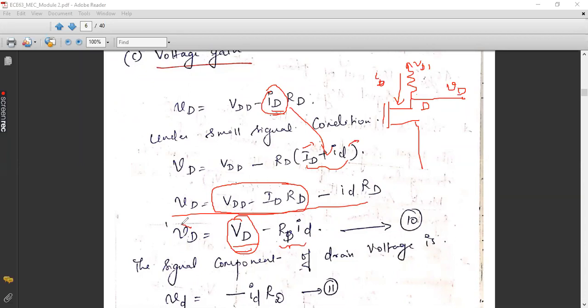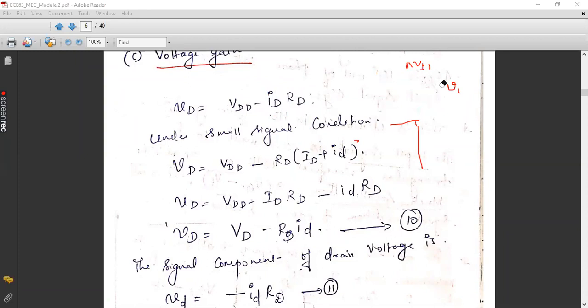So this overall voltage at the drain terminal can be written as the DC voltage at the drain terminal minus the AC voltage drop across the drain resistance. Clear? Where small letter id RD can be called the AC component, which is represented by small letter vd as per equation number 11.